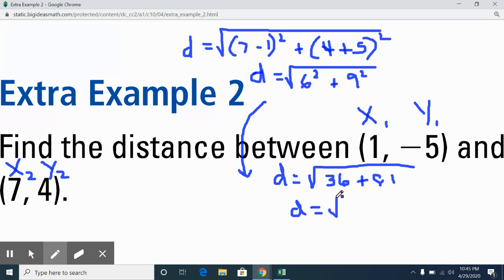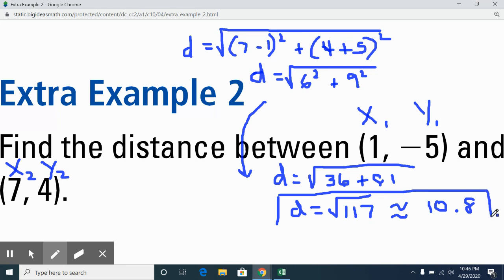So the square root of 117, which I'm going to take now on my calculator, is 10.81. Rounded, I'm going to do this again. This little squiggly equal sign means approximately, because I'm rounding, about 10.8. Either of these answers work.